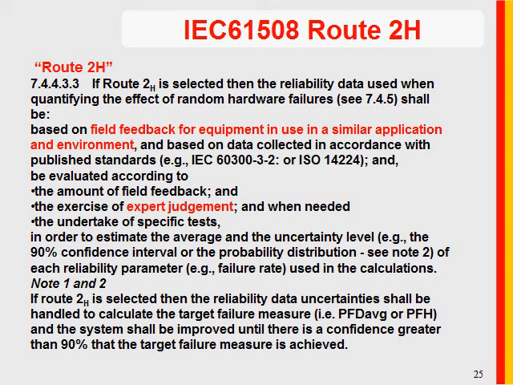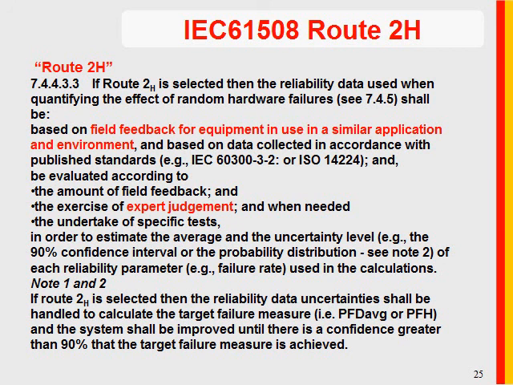Another part of this clause 7.4.4.3.3 in 61508 is the concept of route 2H. Route 2H is an alternate method to your minimum hardware fault tolerance determination, instead of, say, failure fractions and equipment type A and B. It talks about the confidence that you have in a failure rate, and it identifies that we need to look at field feedback for equipment in use in a similar application environment.